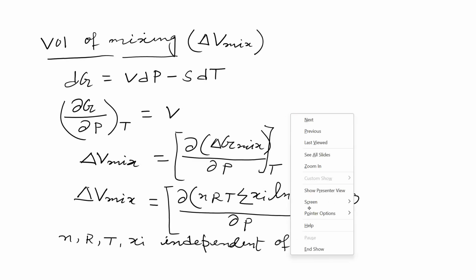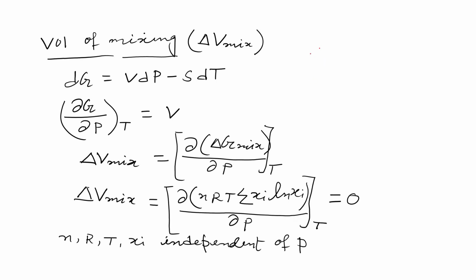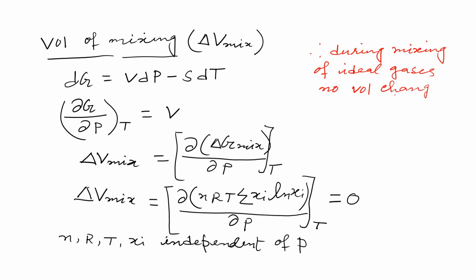Therefore, during mixing of ideal gases, no volume change occurs. So this is the conclusion.